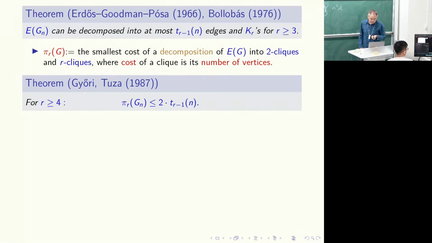One can compare it to the Balogh result, which says that we need at least T_{R-1}(n) edges or parts. Here this factor of 2 is showing up, because the cost of an edge is now 2, and it's an extension of the previous result, because now the cost of a clique is not the same as the cost of an edge.